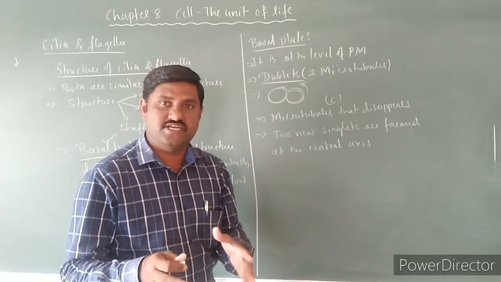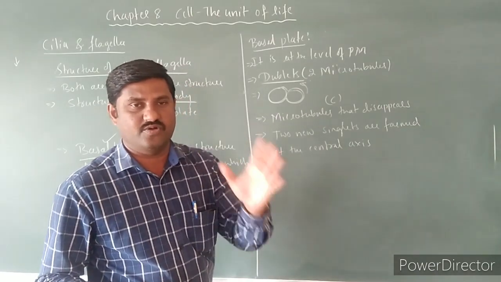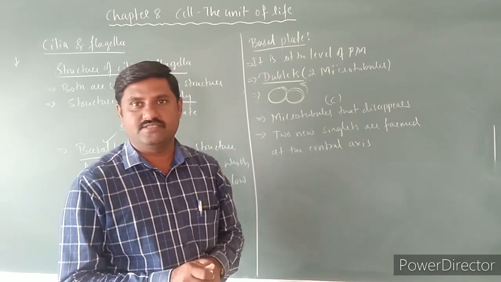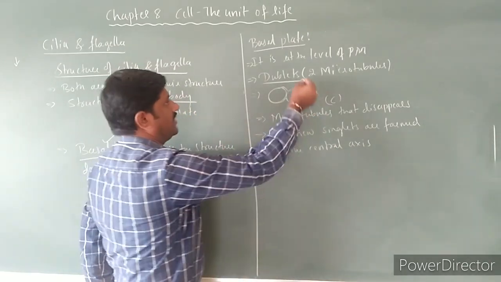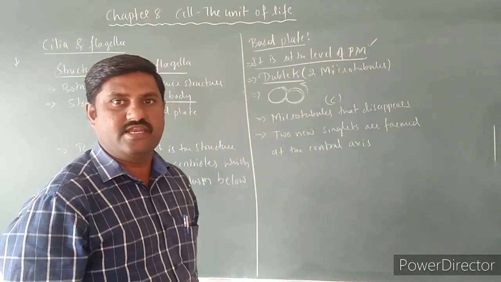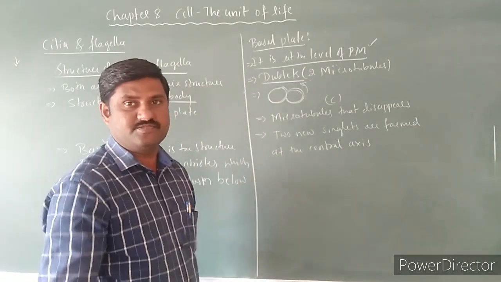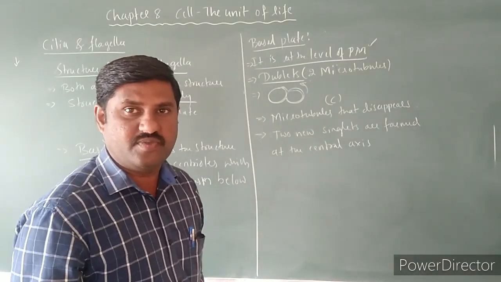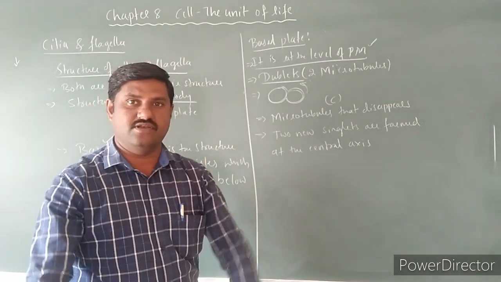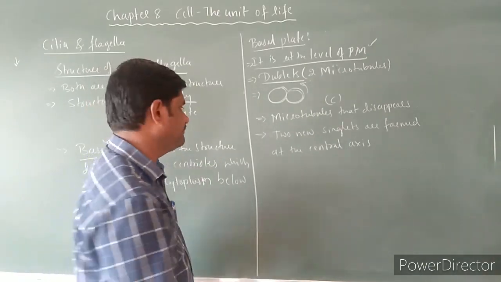Instead, two singlets are formed centrally. This is the basal plate, which is at the level of the plasma membrane. Outside the plasma membrane starts the elongated cylindrical structure that forms the shaft.